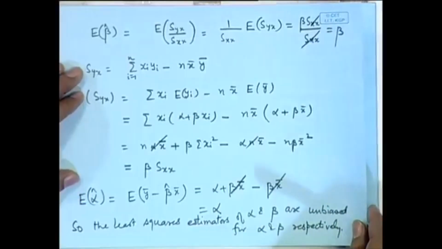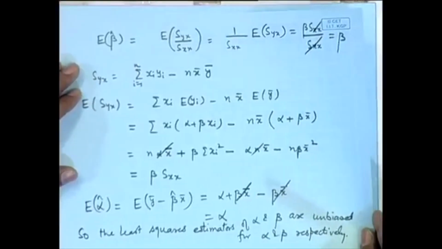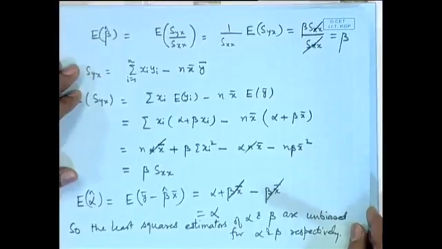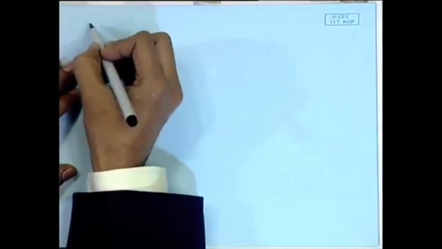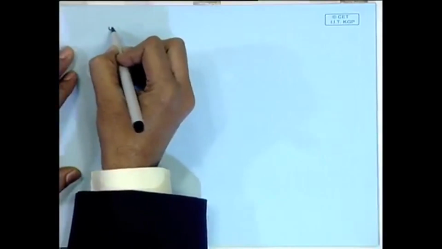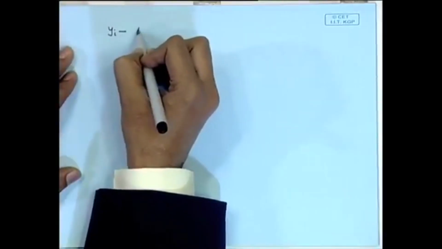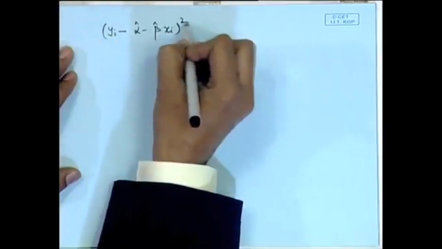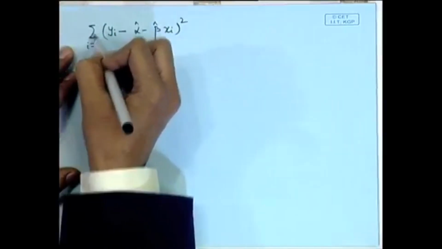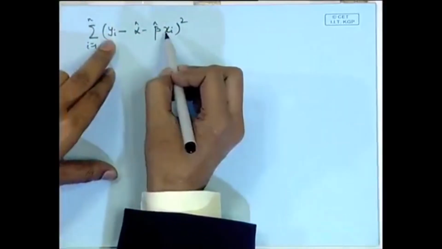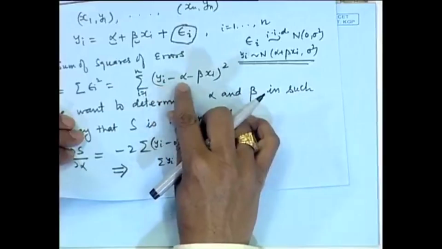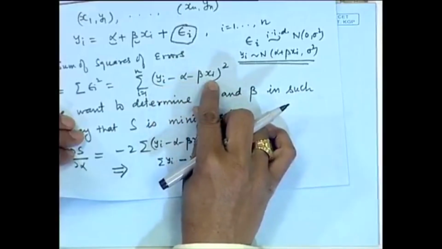We may also consider, after substitution, an estimate for sigma square in this model. We may put sigma of y_i minus alpha hat minus beta hat x_i whole square. What is this term? Our initial error sum of squares was y_i minus alpha minus beta x_i.